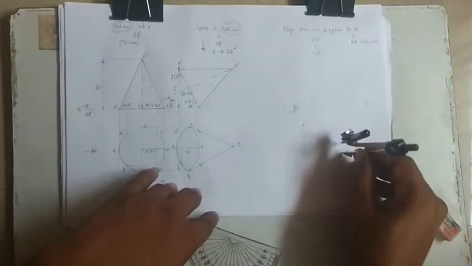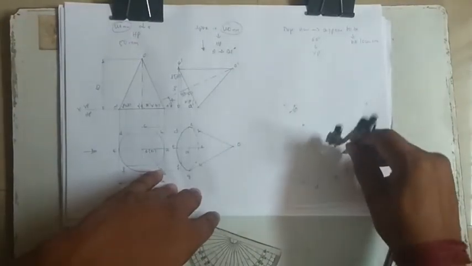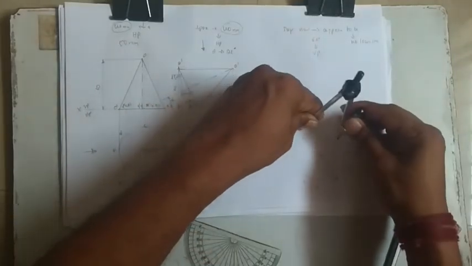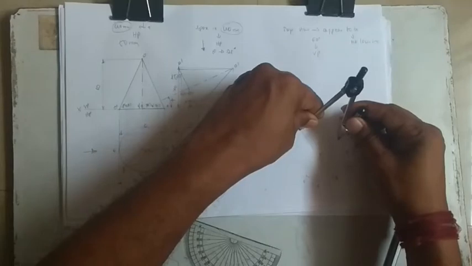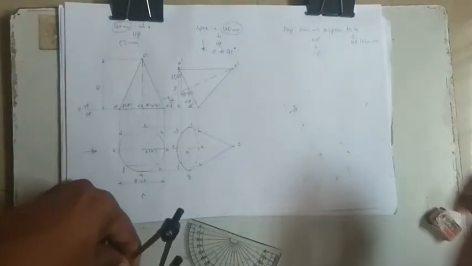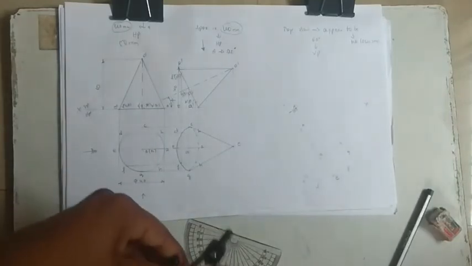So this arc we need to extend. So this is our H. Alright, so remaining is B.